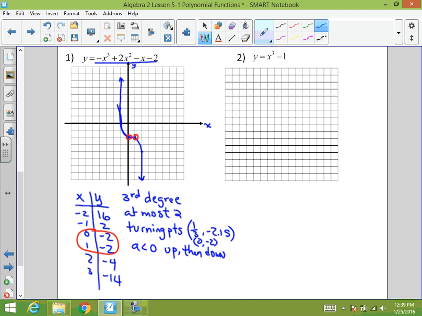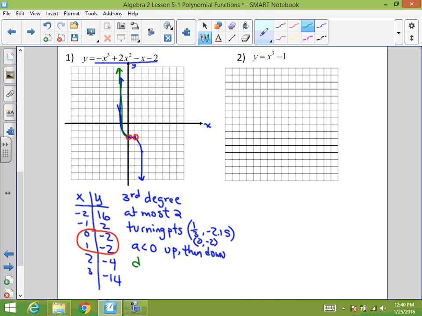The last thing it asked me to do is describe the graph, including end behavior, turning points, and increasing, decreasing intervals. What that means is, what is my graph doing? If you look at it, it's decreasing from here to here. Basically, it's because this can go up forever because of the arrowhead. It's decreasing from negative infinity to about 1/3 because that's when it's going down.